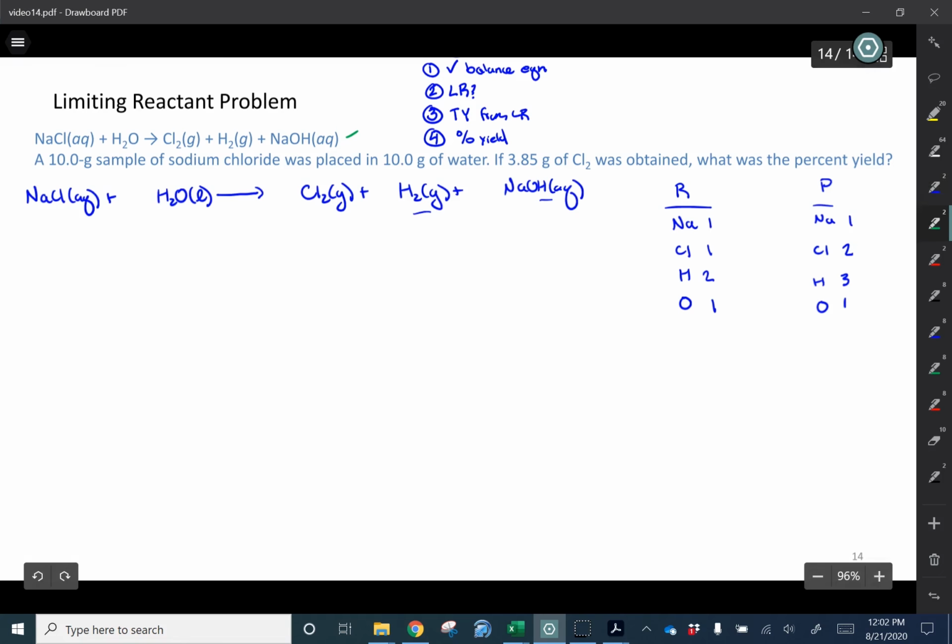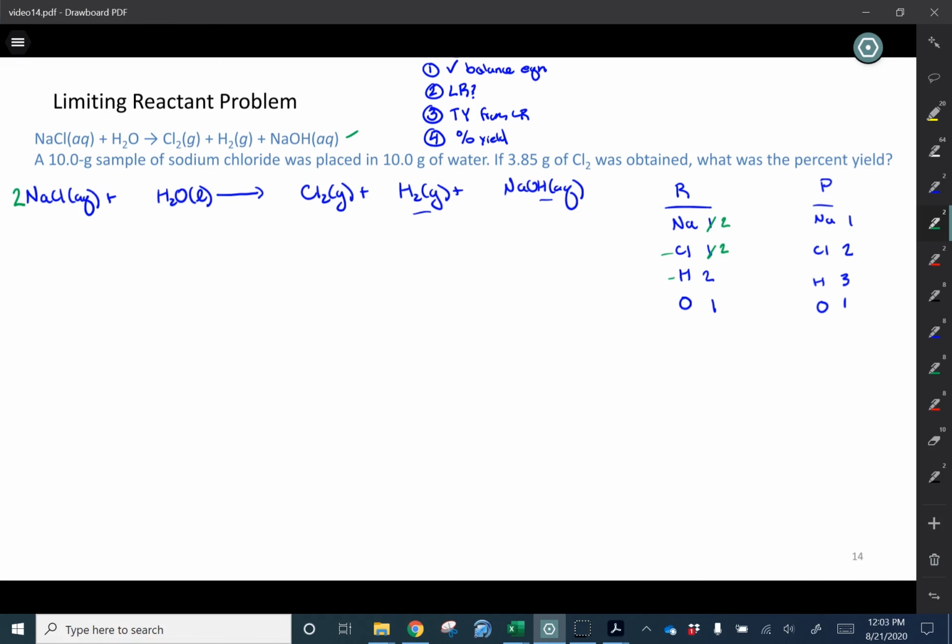So the first thing that stands out to me is that the things that are different are hydrogens and chlorines. I'm going to go ahead and just put a 2 in front of our NaCl. Let's see what that does. Now we're going to have 2 sodium, 2 chlorine.